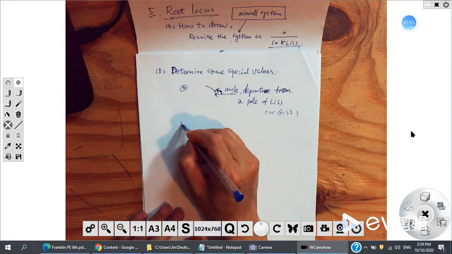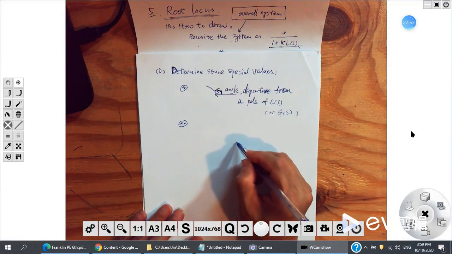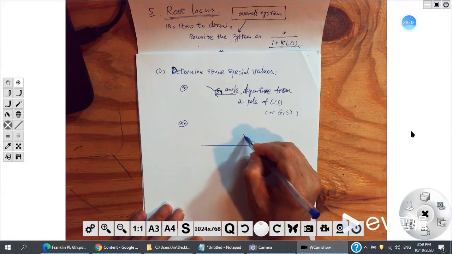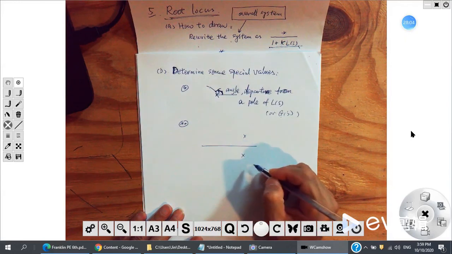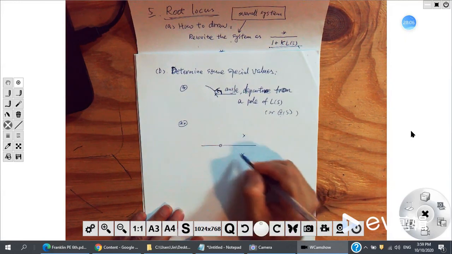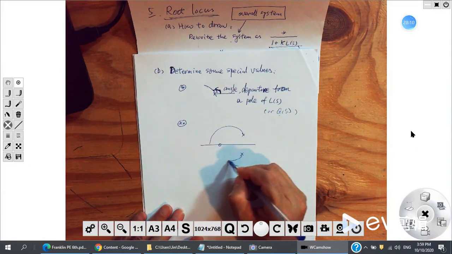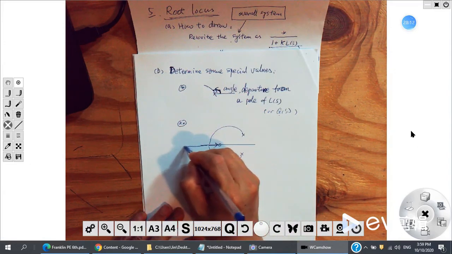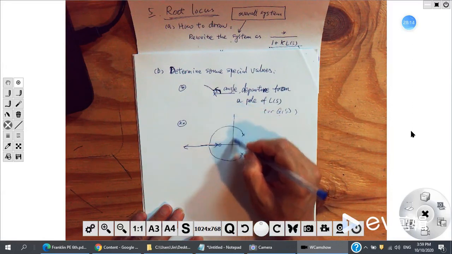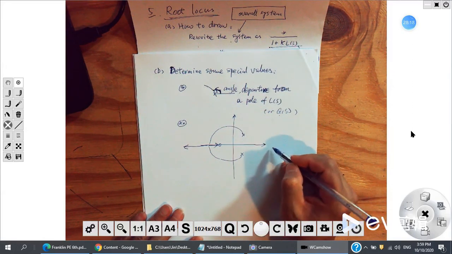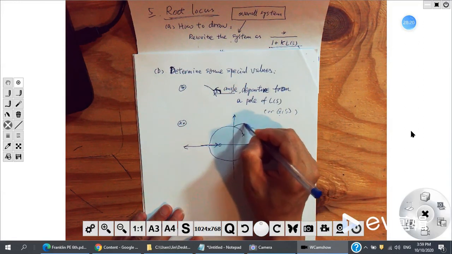The second one: when the root locus has, for example, one cross here, one cross here, and one circle, one zero here, then the graph looks like this. For example, this is the imaginary axis, this is the real axis. Then what is this point?